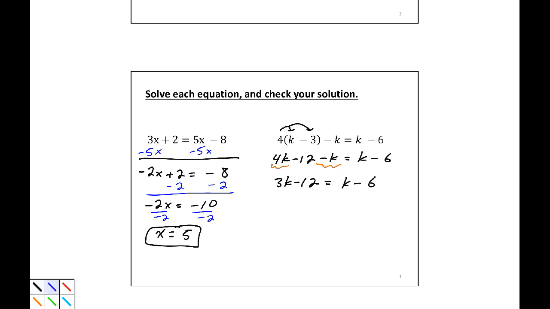Doing like in the last question, we will subtract k from both sides so that we have 2k minus 12 equals minus 6. Adding 12 to both sides, we have 2k equals positive 6, and then dividing by 2, we find that k equals 3.